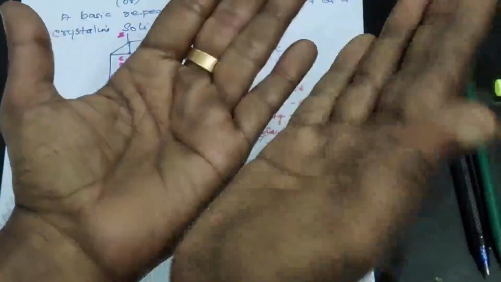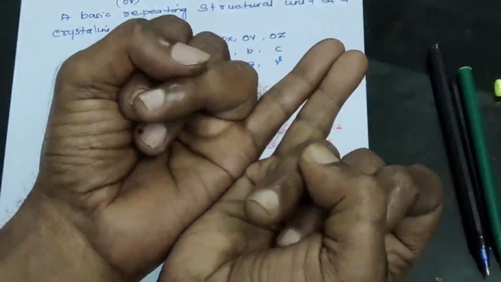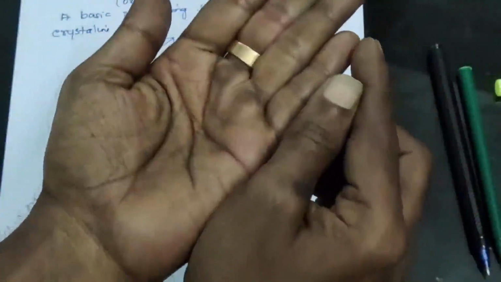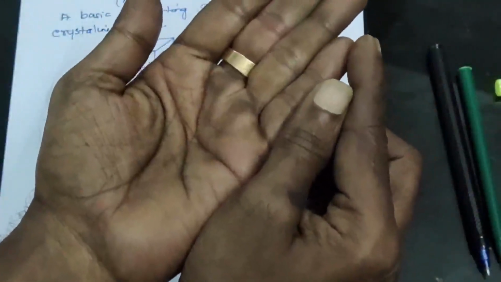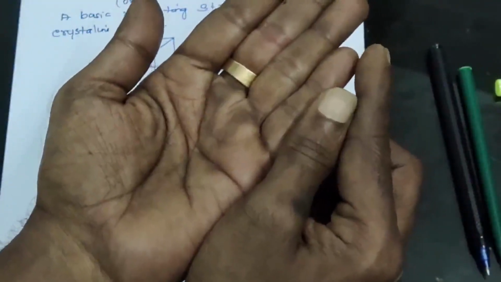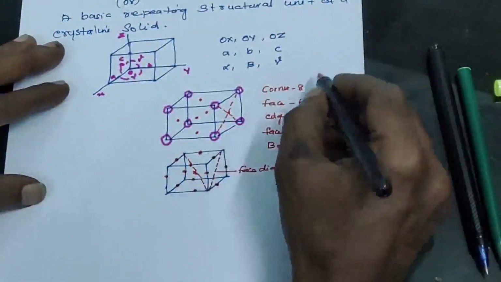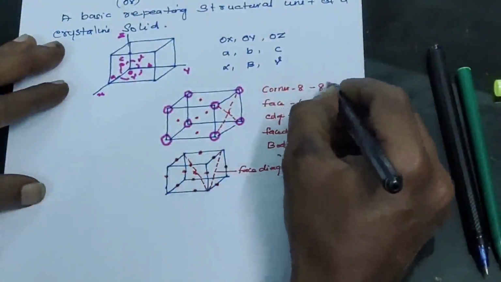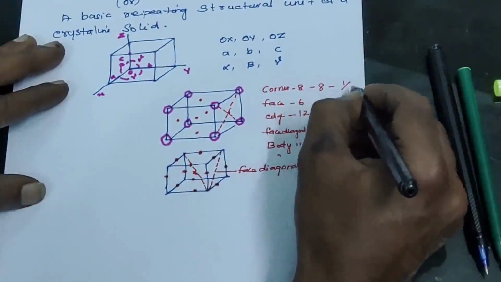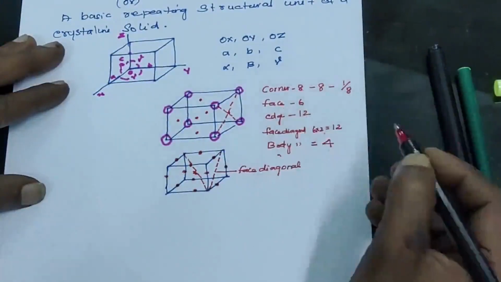Then above, another 4. So one corner atom is shared by 8 unit cells. The contribution is 1 by 8 per unit cell.